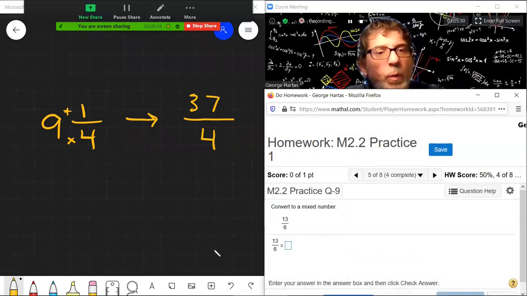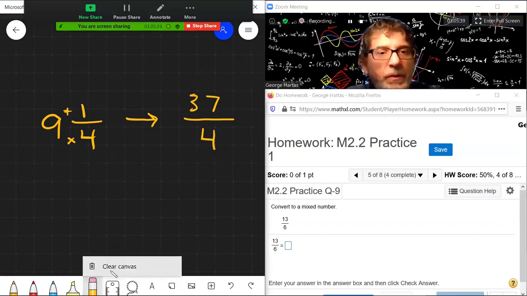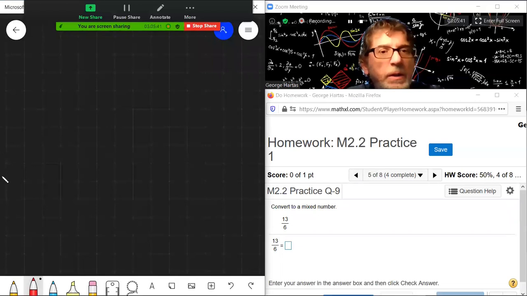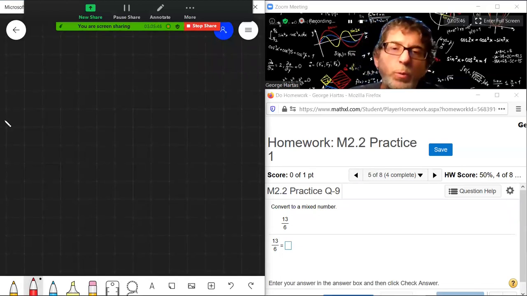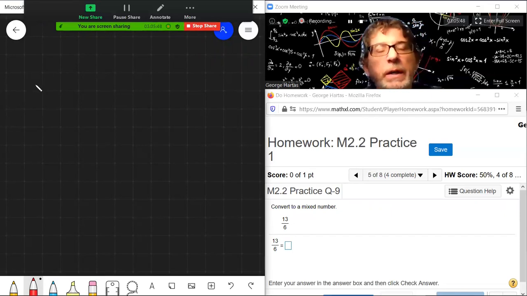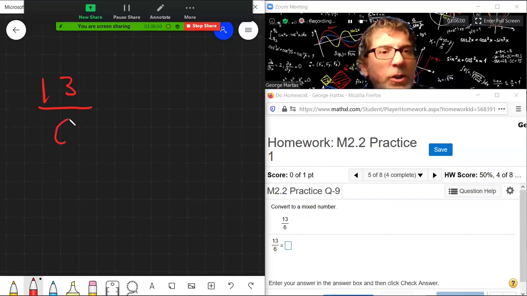Now you're asking, what happens if you have to go the other way, from here to here? How do we do that? Well, we're about to find out. For the next 4 problems, we're going to switch directions, and we're going to go from an improper fraction to a mixed number.